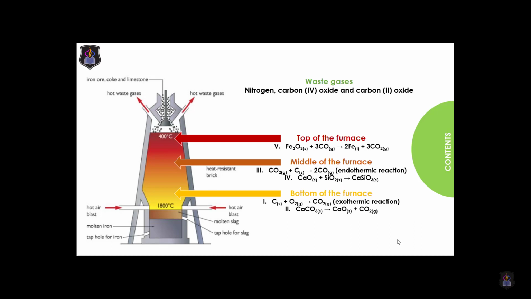Note that of the 5 reactions, equations 1, 3, and 5 are redox reactions. Equation 4 is a neutralization reaction between an acidic oxide and a basic oxide, while equation 2 is a thermal decomposition. That's all on the extraction of iron.